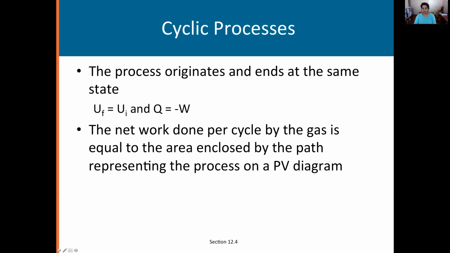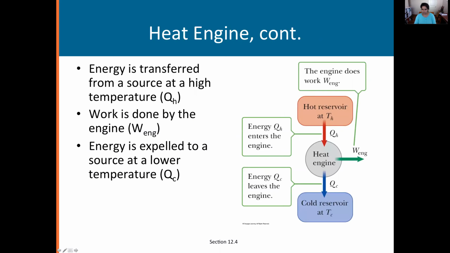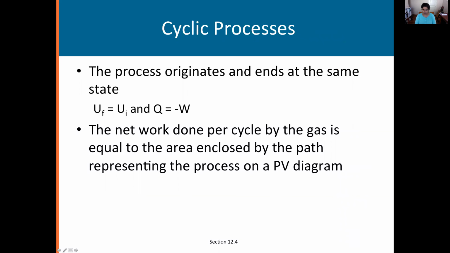Sorry, let's go back. Let's sketch a rough PV diagram. Now, my process starts at some state, and it's going to do some cycle type process, and it's going to come back.